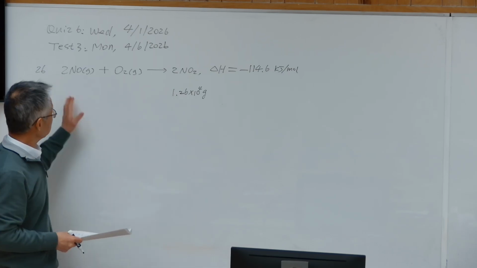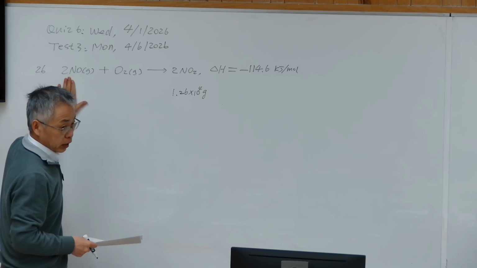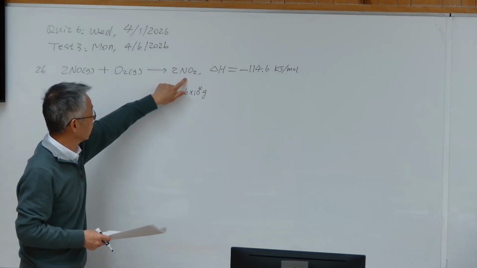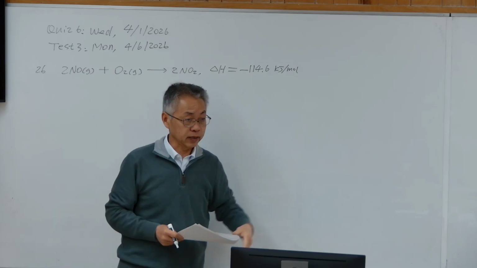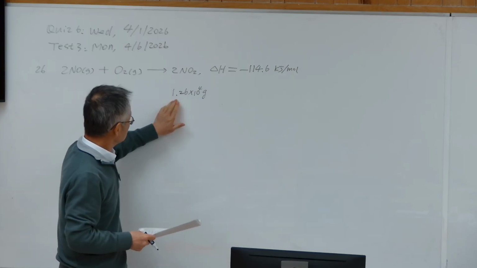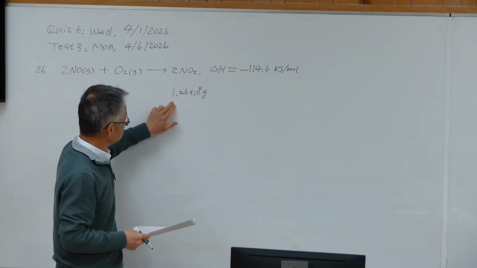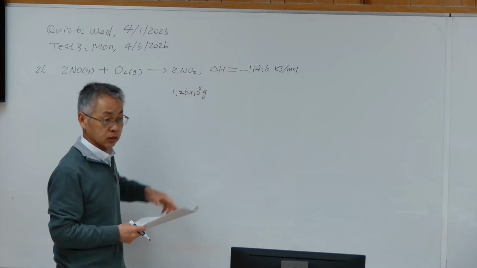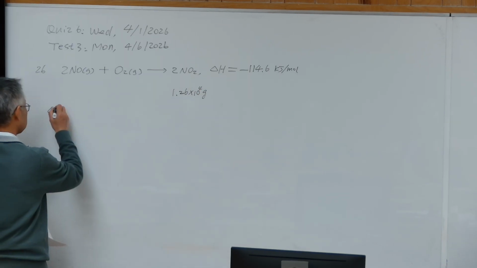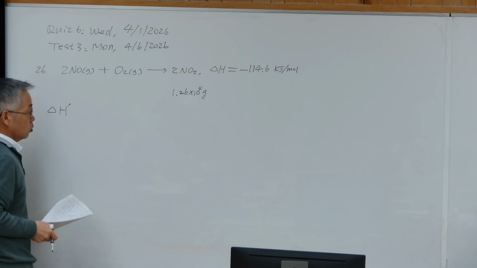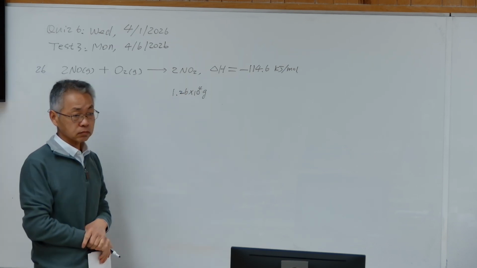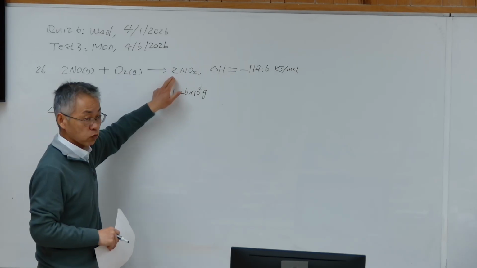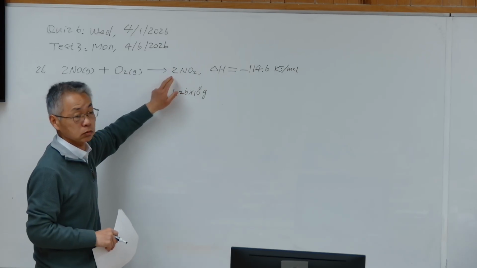This equation says that when 2 moles of NO react with 1 mole of O2, producing 2 moles of NO2, this amount of heat is released. If 1.26 times 10 to the fourth power grams of NO2 are produced, the heat released will be different, because this number is based on 2 moles of NO2 produced.